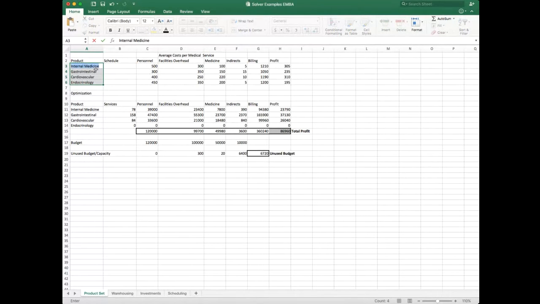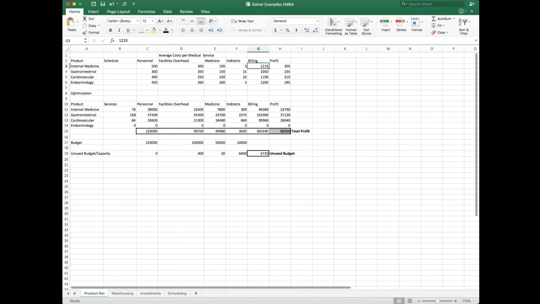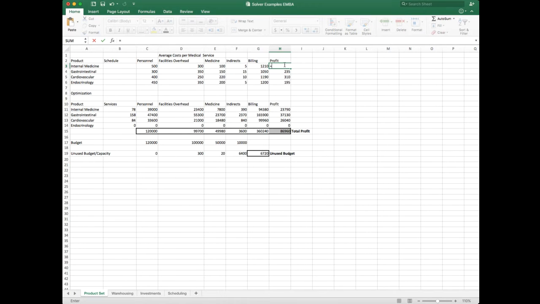And internal medicine, every time you do a procedure or a service, each service costs $500 in personnel, $300 in facilities overhead, $100 in medicine, $5 in indirects. Your billing, or the amount you end up charging, is $1,210, and the profit therefore is equal to, once again, nothing but the price you're charging, $1,210 in this case, minus the sum of all the costs.